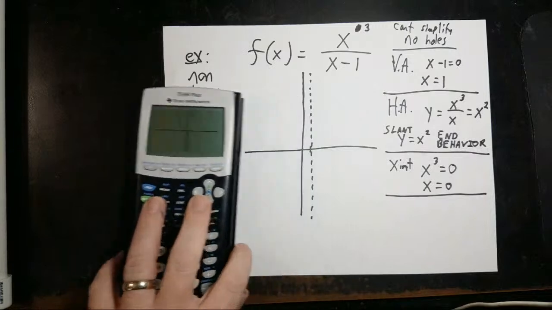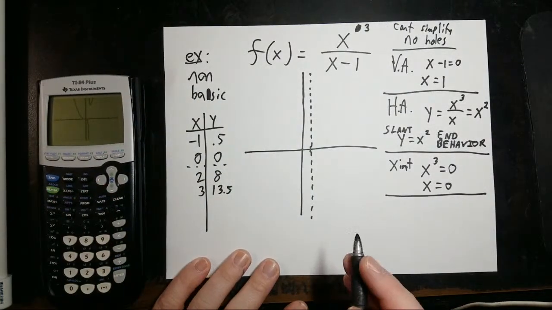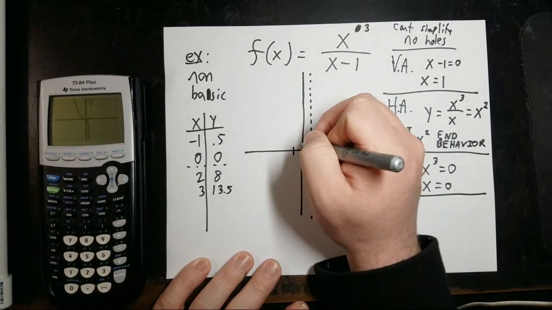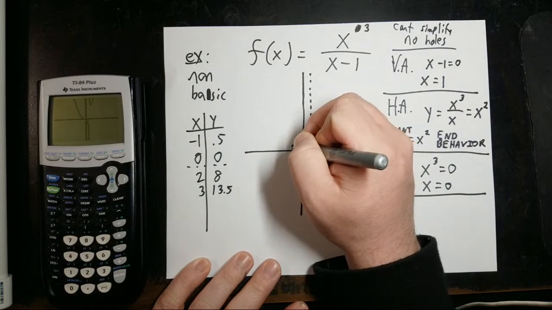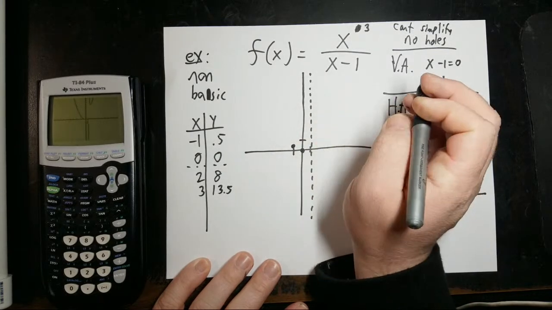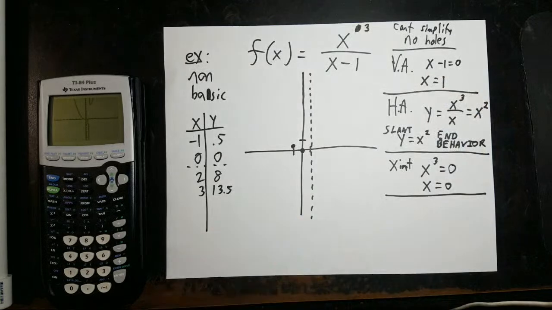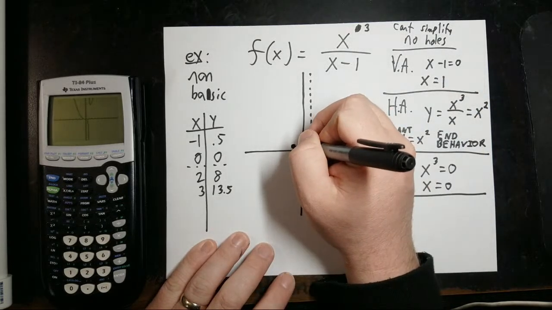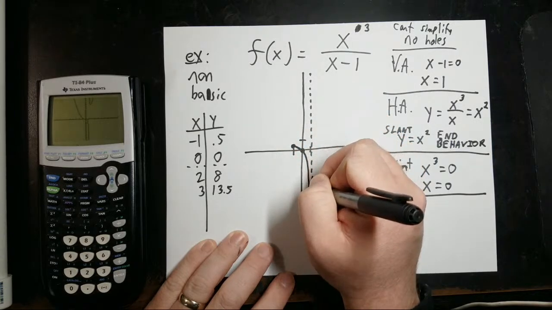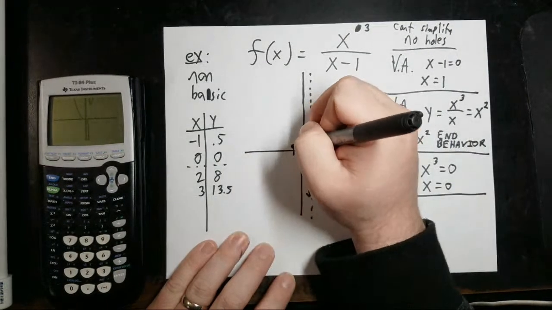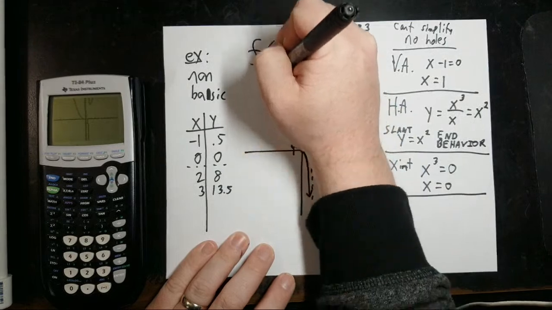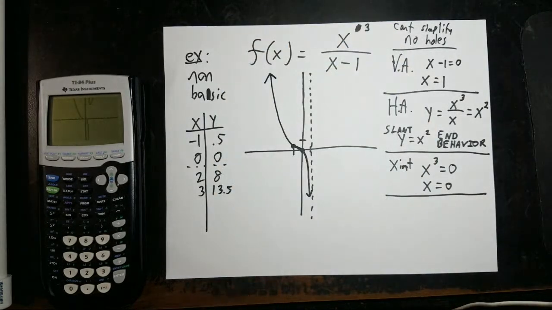So, let's plot some points. -1 and 0.5, 0, 0. Now that doesn't really tell us much, but according to what we know, I know that this graph is going to follow, going to the left, looking like the left side of a parabola.